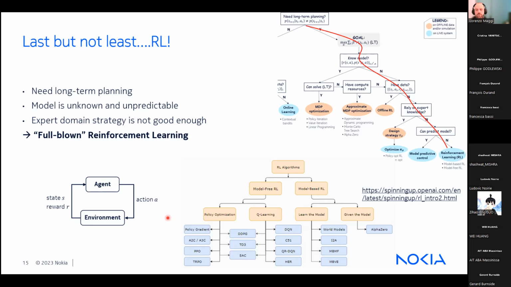Because in order to learn such a complicated function, you have to make a lot of errors. So errors mean slow convergence, meaning that possibly at some point you will end up in a bad state, and it will be hard to get out of it if you do reinforcement learning purely online.